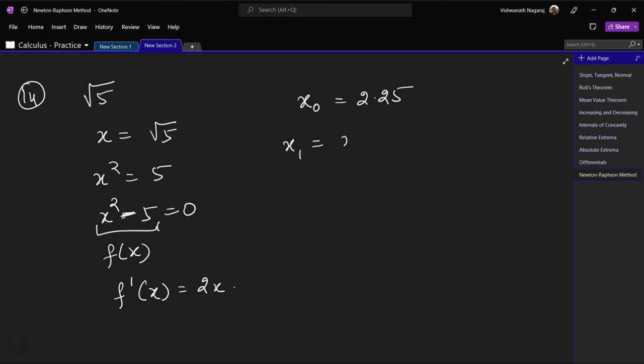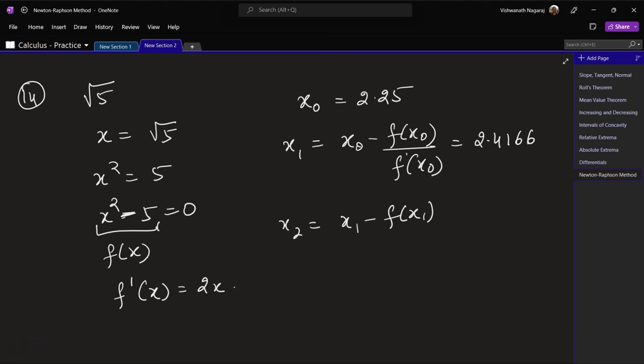Now let's improve this approximation. x1 is equal to x naught minus f of x naught by f prime of x naught. This will give you 2.4166. Again, the second iteration, x2 is x1 minus f of x1 by f prime of x1. This will give us 2.2428.